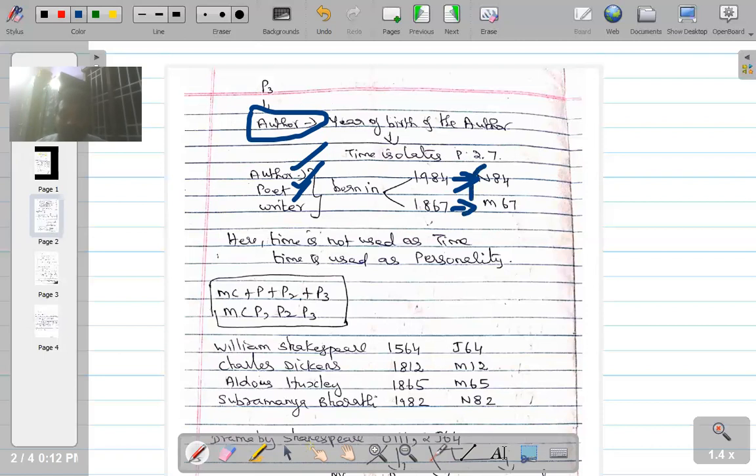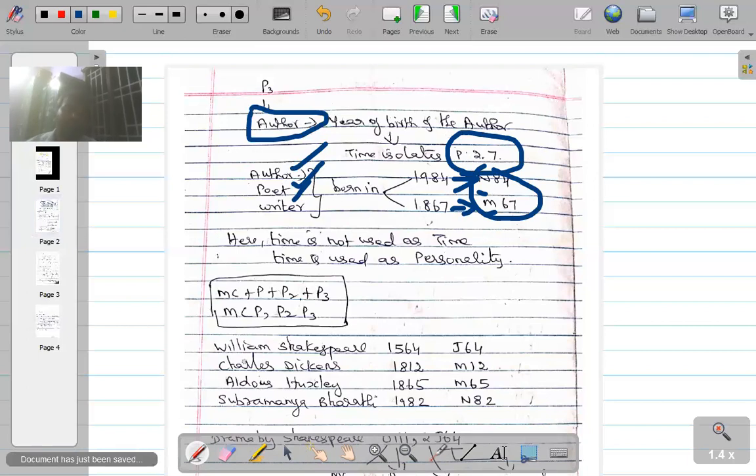Where do I get all these letters, N and M? Please go to page number 2.7, where you will get a list of time isolates.